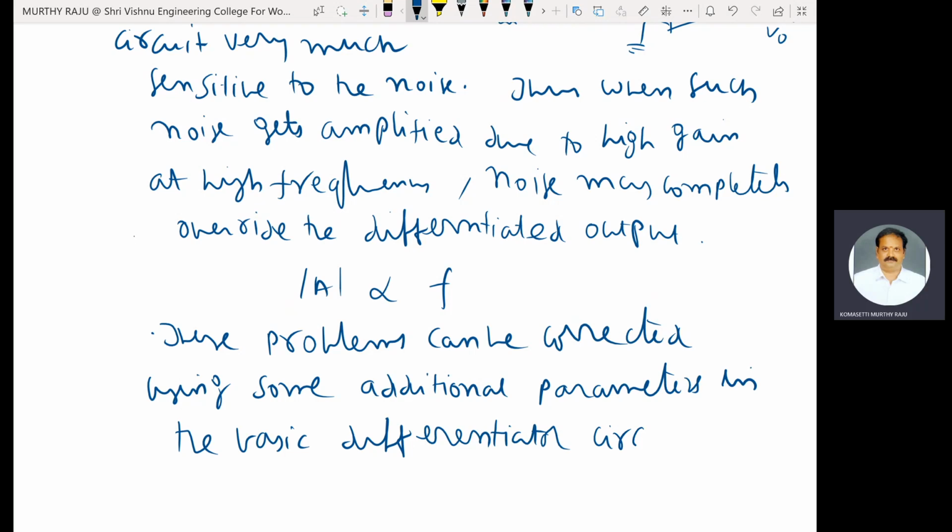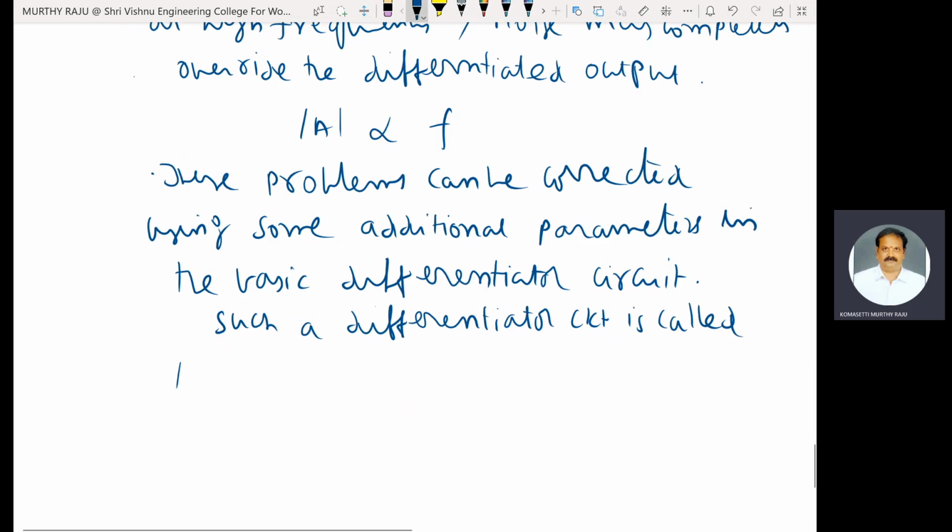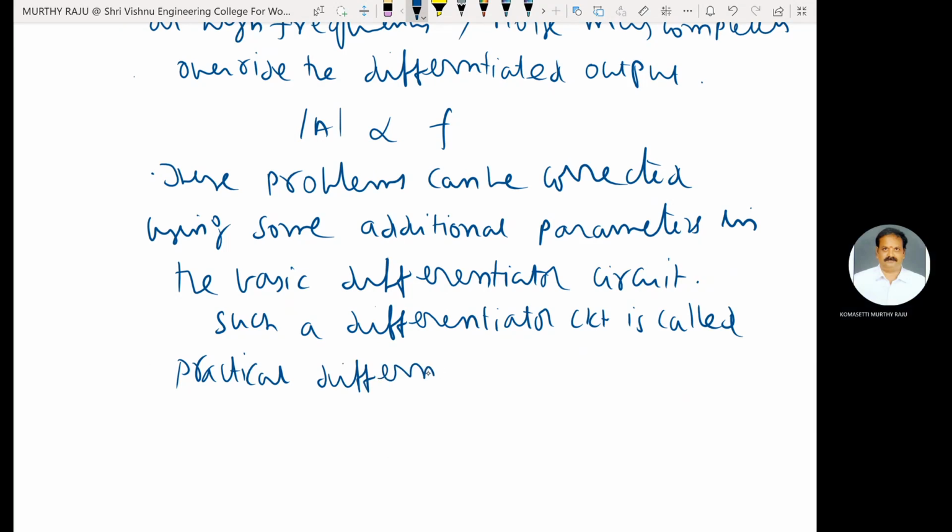Such a differentiator circuit is called a practical differentiator circuit.